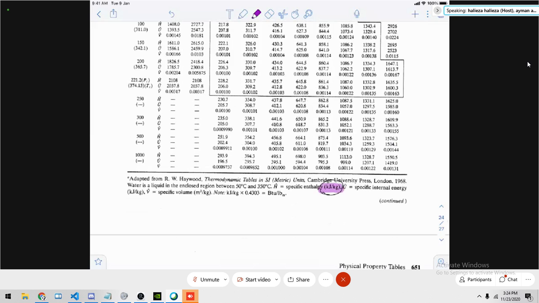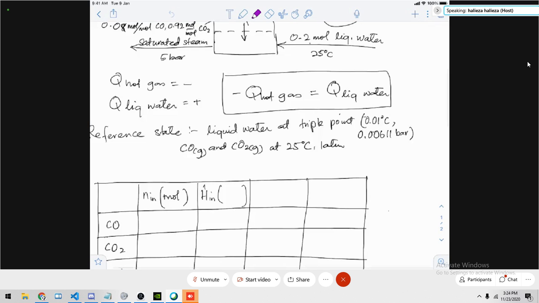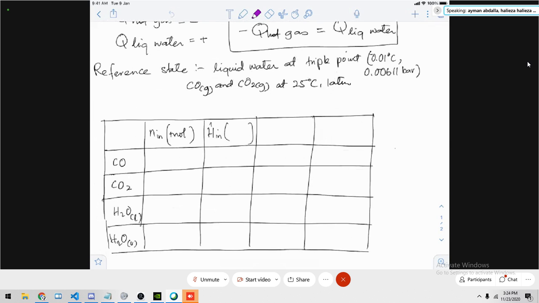So you have two units here. How are you going to write it in your table? Doctor, after we get the answer, can we divide it by the molecular weight to get kilojoules per mole? Yes, you can. You can write kilojoules per mole.